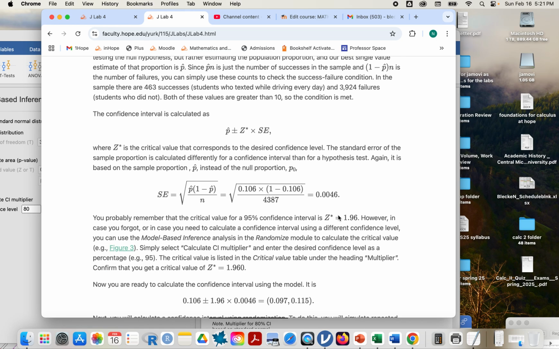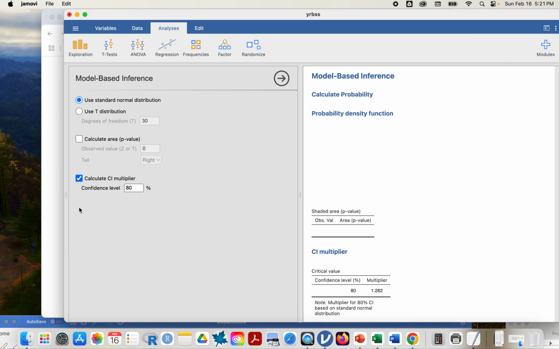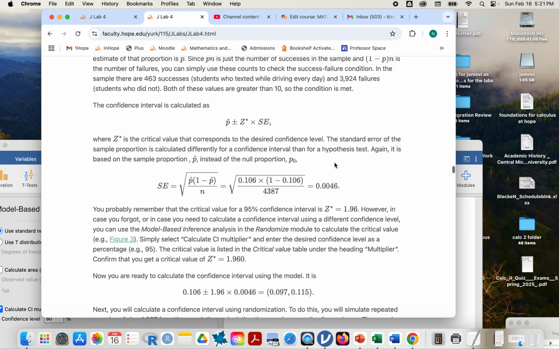And so our confidence interval is going to be P hat plus or minus the multiplier, the 1.96 or the 1.645 that we got from using our confidence interval calculator for the multiplier.